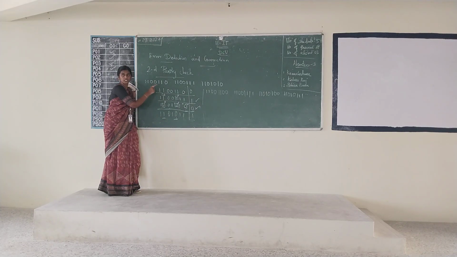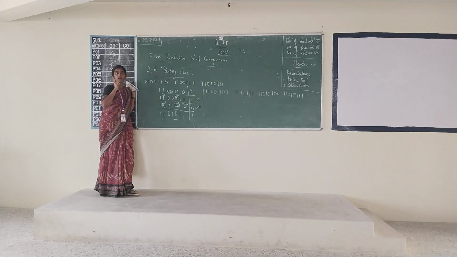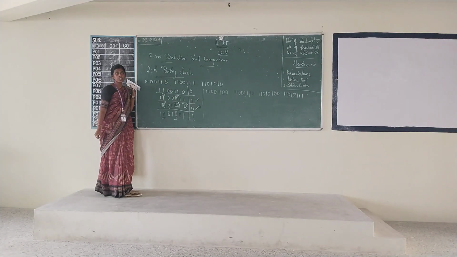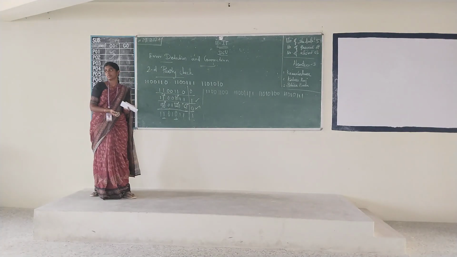If two bits are changed in the same row, and in another column the same 2 bits are changed, then you cannot find the errors. So this is the drawback in 2D parity check.